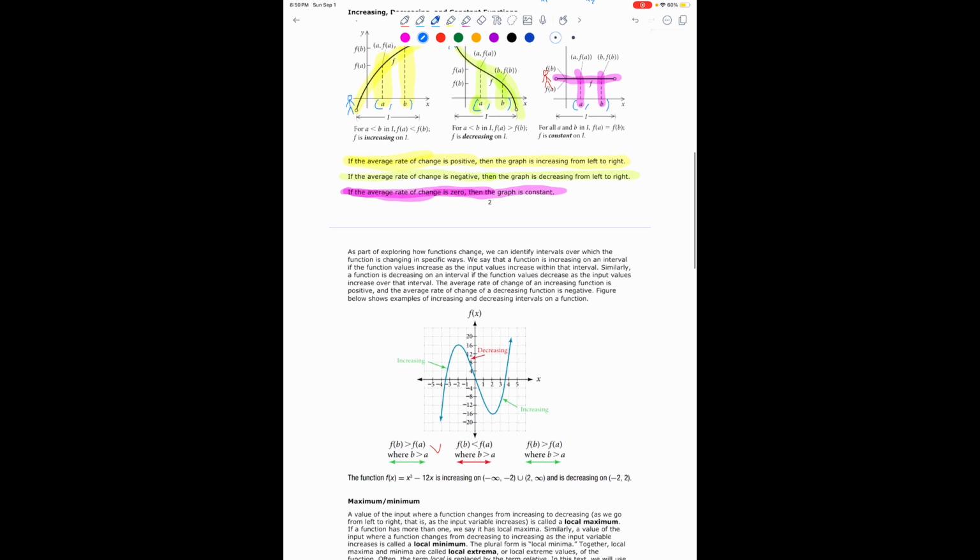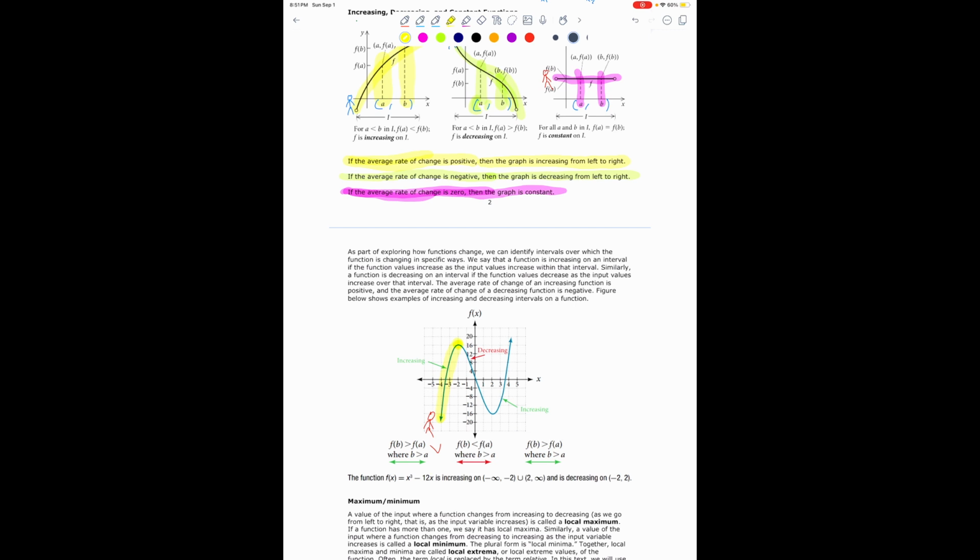So if we're studying the behavior of a specific graph, we're going to divide that graph into specific intervals such that we identify where the behavior of the function changes. So as I start here from the left, notice that I will start increasing first. So the function is increasing on this interval specifically, but the behavior changes at this point right here.